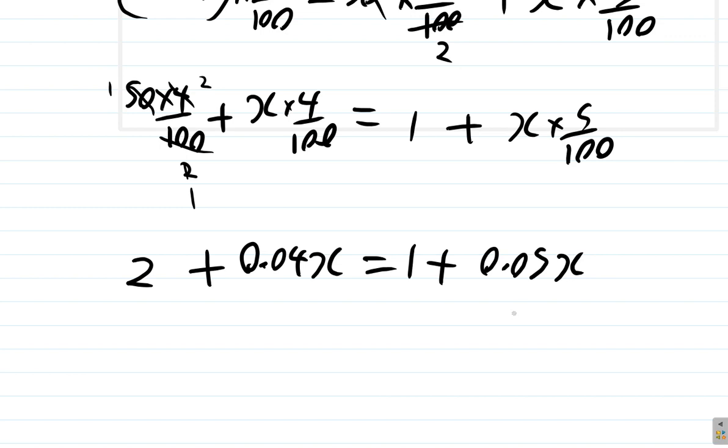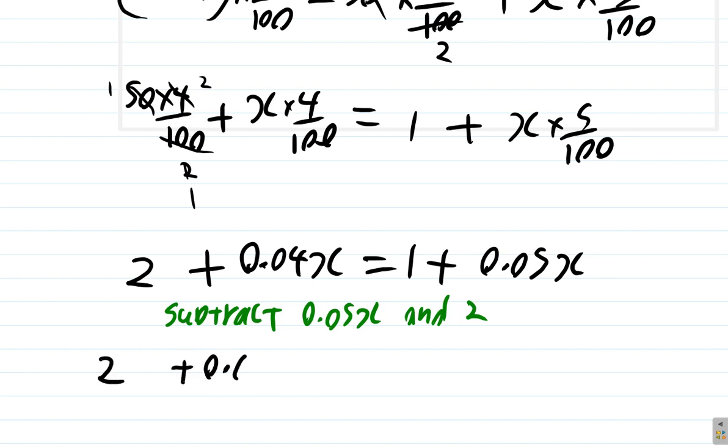Now, we want these numbers together. Suppose we subtract 0.05x from both sides, and we also subtract 2. We have 2 plus 0.04x equals 1 plus 0.05x.